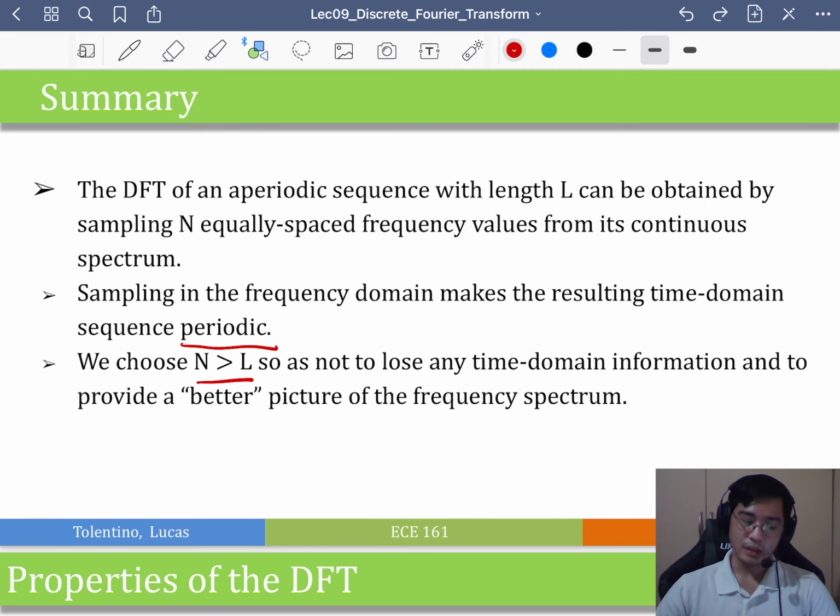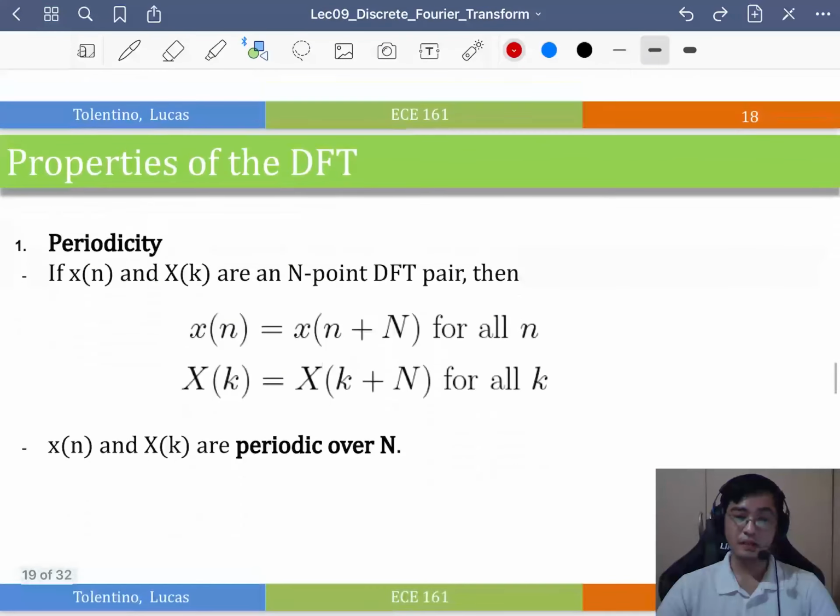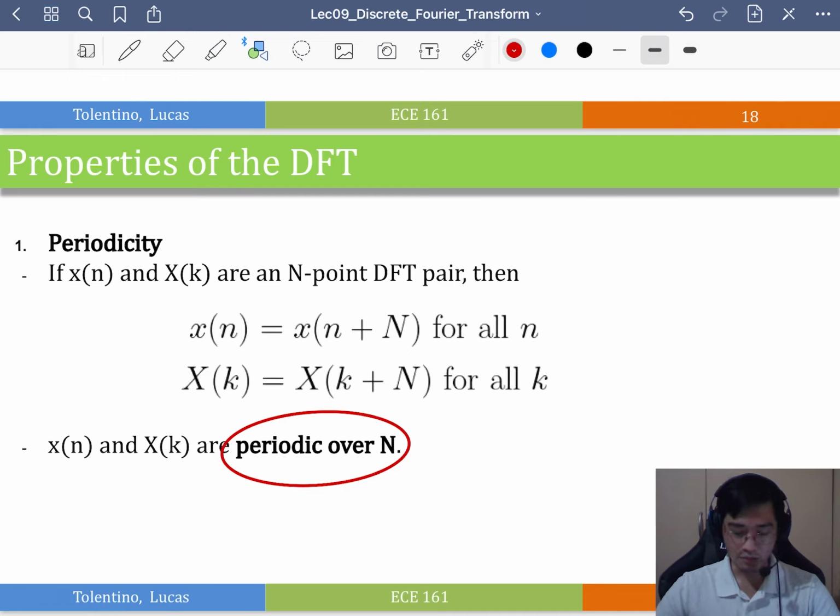So we discussed some of the properties associated with the discrete Fourier transform. First, an important property that you should remember is that if x of n and X of k are both DFT pairs, x of n and X of k are both periodic over N. We've shown that from the previous video.